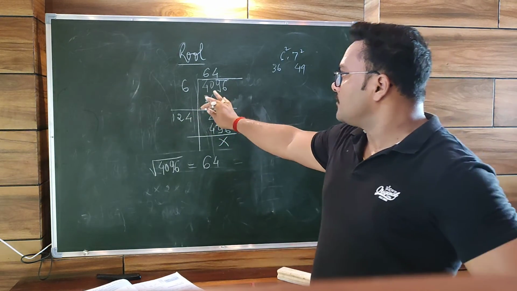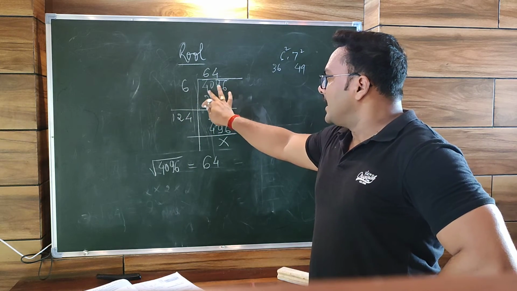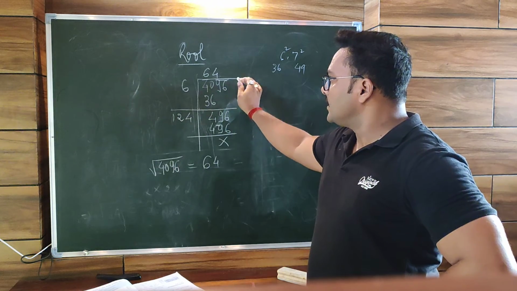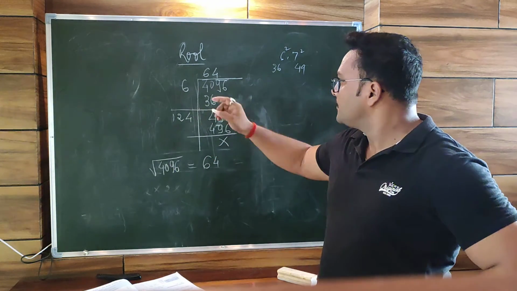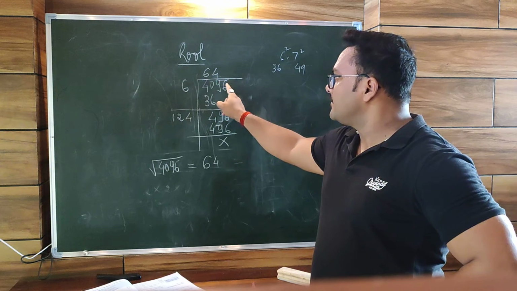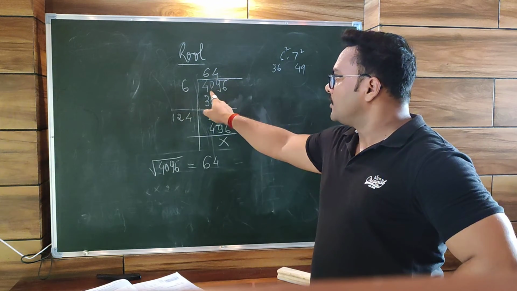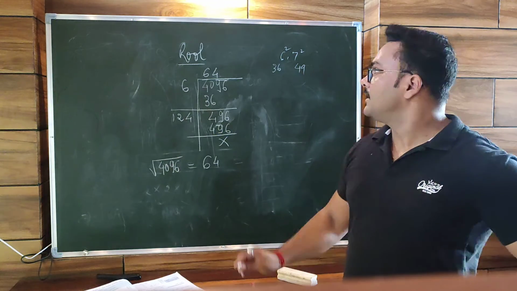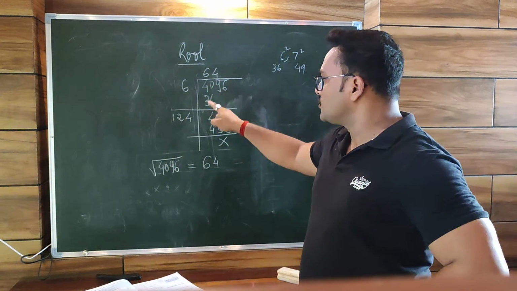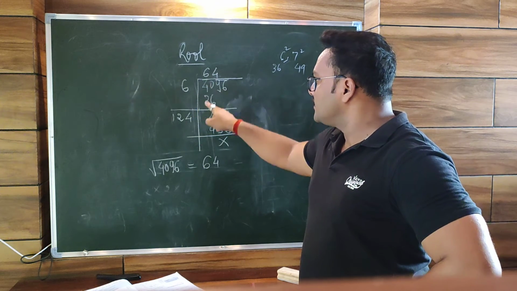Okay, try to understand it one more time. We had the number 4096. We wrote it under the root and we are going to divide. We pair it from right to left, so 96 one pair and 40 the other pair. Then for 40 we consider which number we can divide by. We found that by 6 we get 36, which is close to 40. So we divided it.